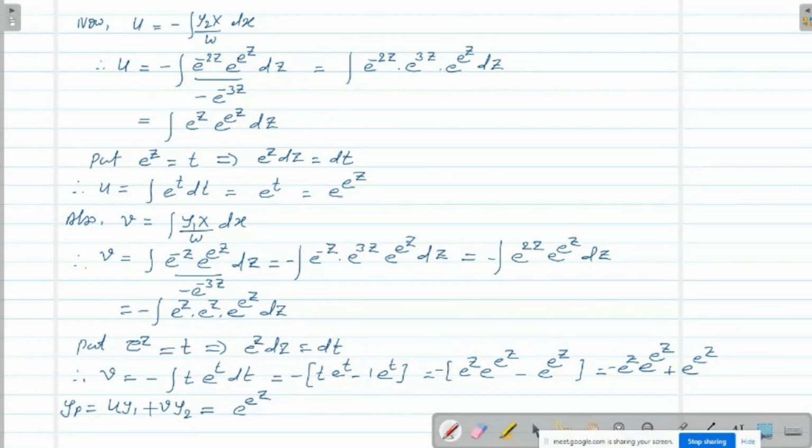Just tell me y1. e raised to minus z is y1. Yes, sir. And plus v, your v is this, negative e raised to z, then e raised to z, and plus e raised to z, or y2, your y2 is e raised to minus 2z. Yes, sir.